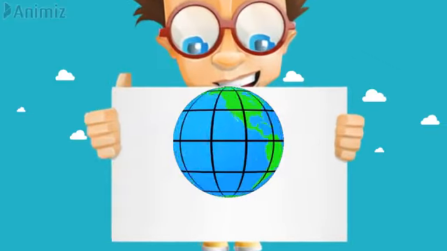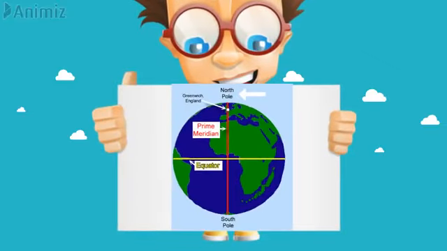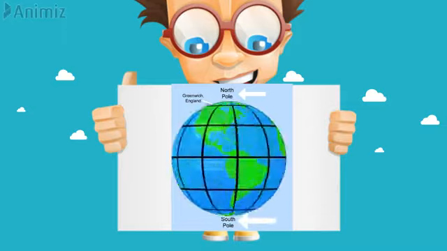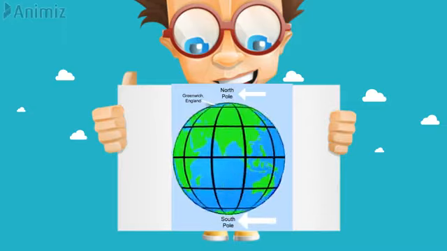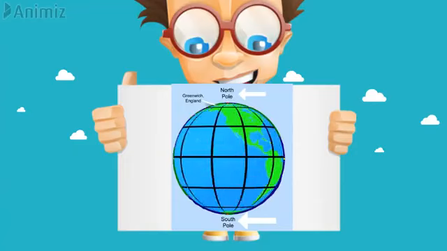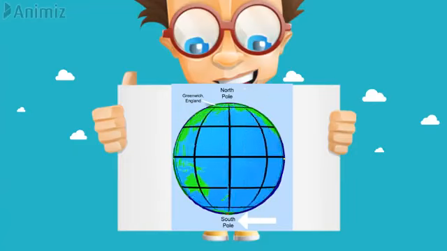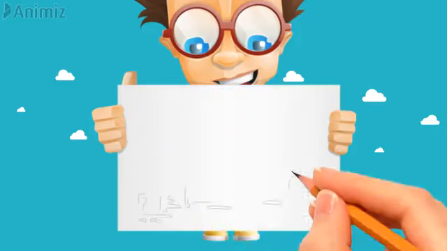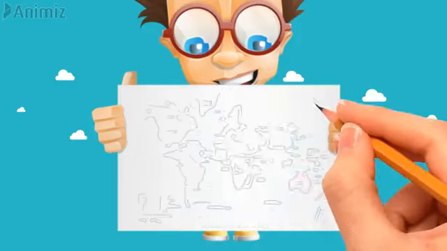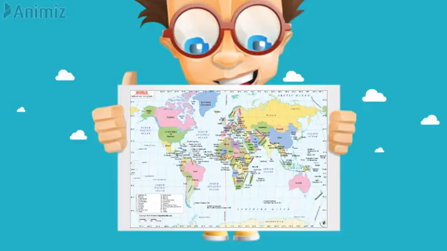As you can see here, the northernmost part is called the North Pole and the southernmost part is called the South Pole. Now we will discuss the imaginary lines of the earth. We all know that our earth is so big that it is impossible for us to see all the places of the entire earth on a flat piece of paper, right?